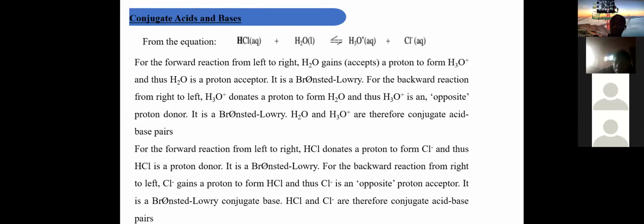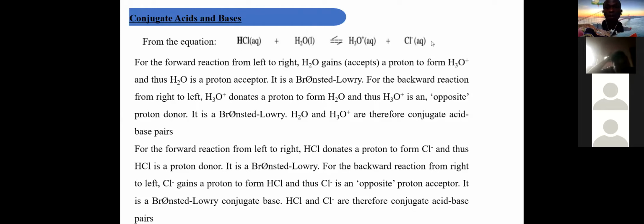Now, in the backward reaction, if you analyze the backward reaction carefully, you see what is happening. It is clear that in the backward reaction, the Cl minus accepts a proton from the hydronium ion.